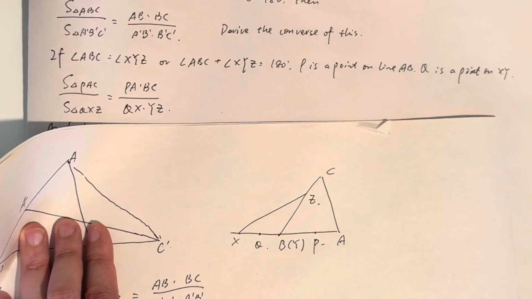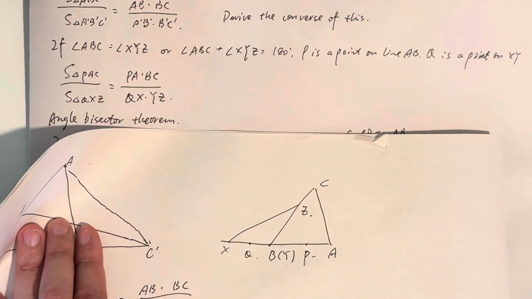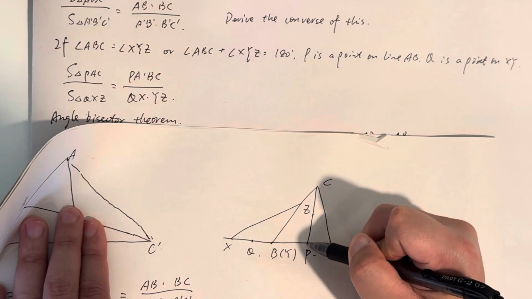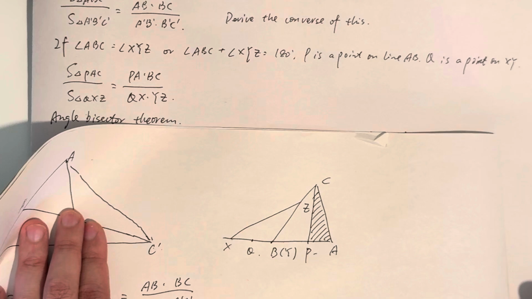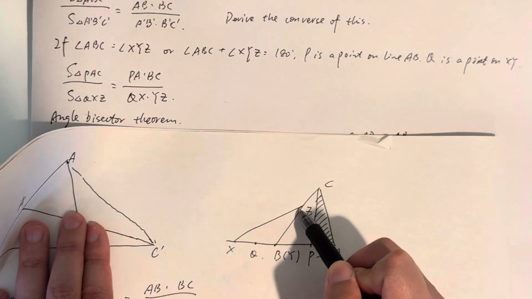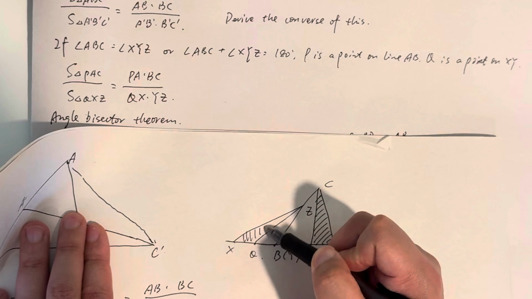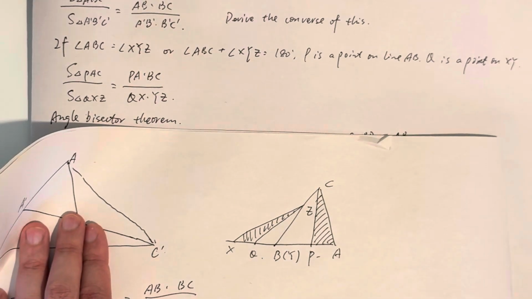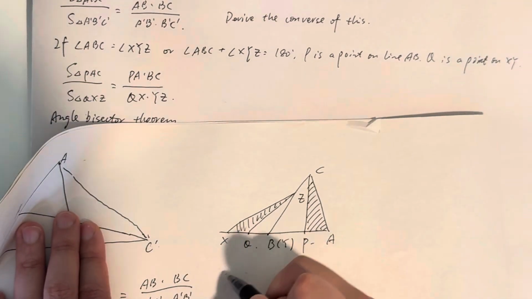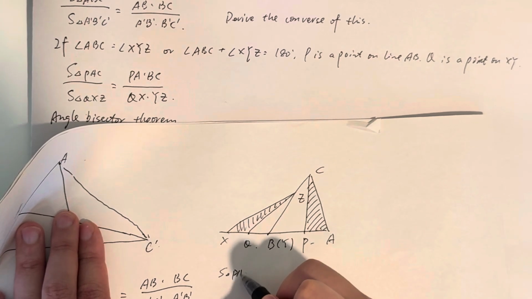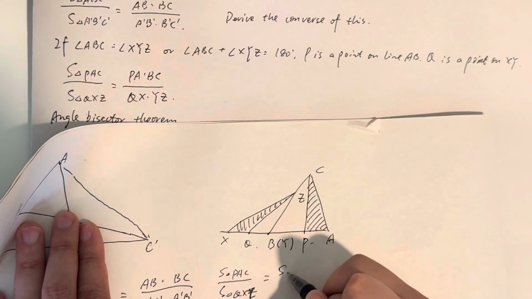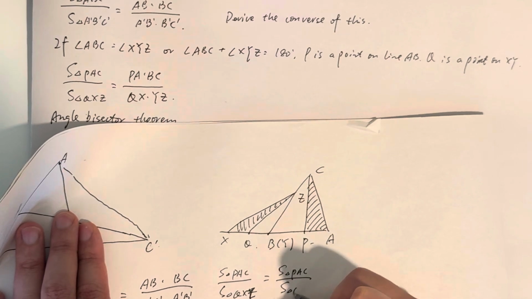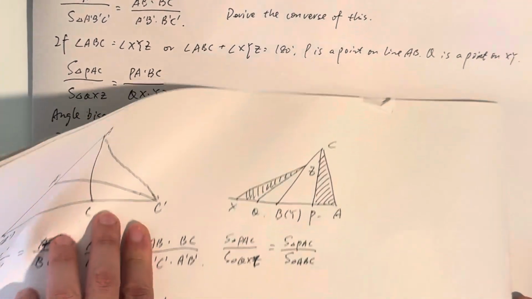So this is Q, right? Now we want to calculate the ratio of the area of triangle PAC, which is this one, to the area of triangle QXC, which would be this one, right? So we can think about the area of triangle PAC to the area of triangle QXZ as the area of triangle PAC to the area of triangle ABC first, right?